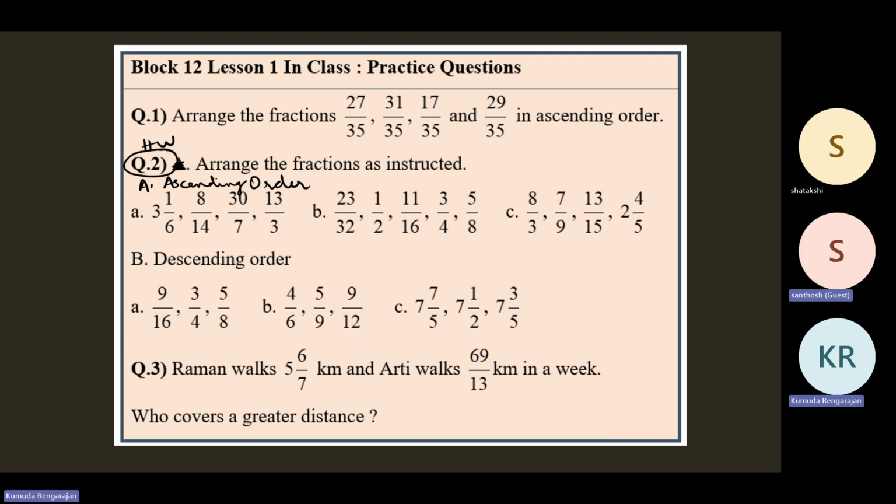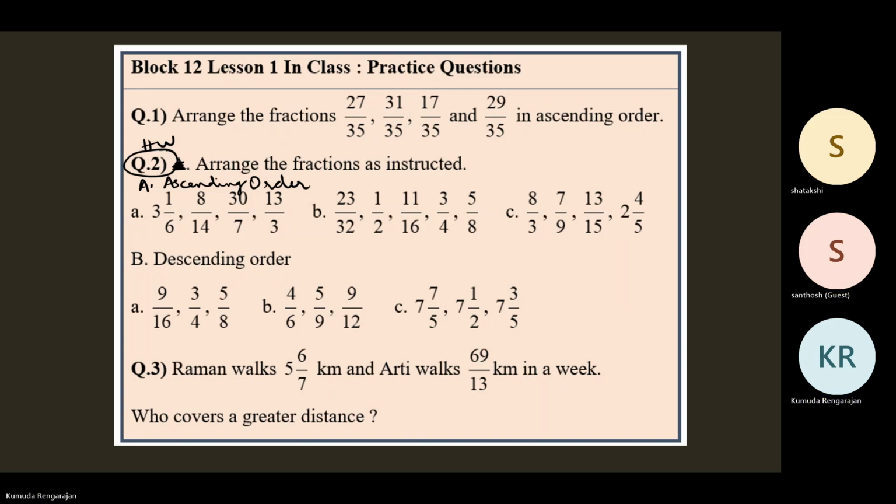This question is incorrect, you know. It cannot be 7 by 5. Just check that, children. In a mixed fraction, we cannot have an improper fraction like 7 by 5. Please check that with your textbook.